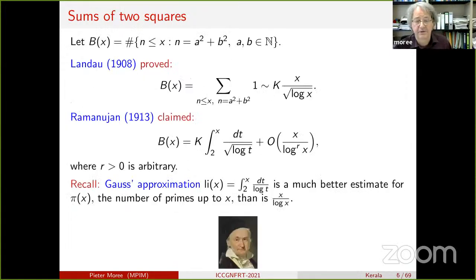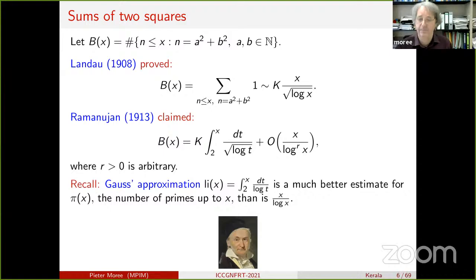So this is the starting point. What he didn't know was that Landau, several years before, had derived an asymptotic for this counting function. The asymptotic involves some constant K times x over the square root of log x.